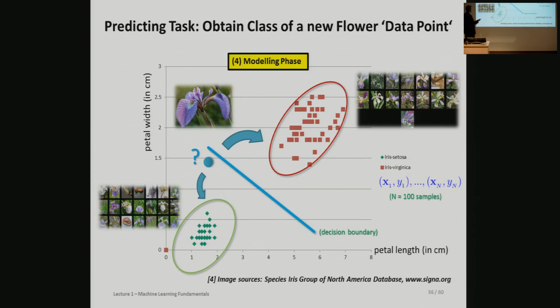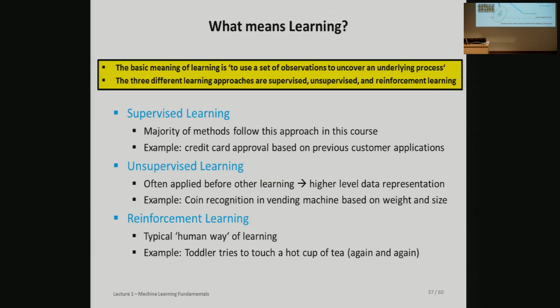This is just really to show you what we mean in terms of modeling. When we're modeling something in machine learning, we usually talk of having some hypothesis, some model created for the data. It could be a simple line like this, a support vector machine, or a neural network trained and ready. That's what we call the modeling phase. And this brings us to some things that were already discussed in the break. What types of learning are there?